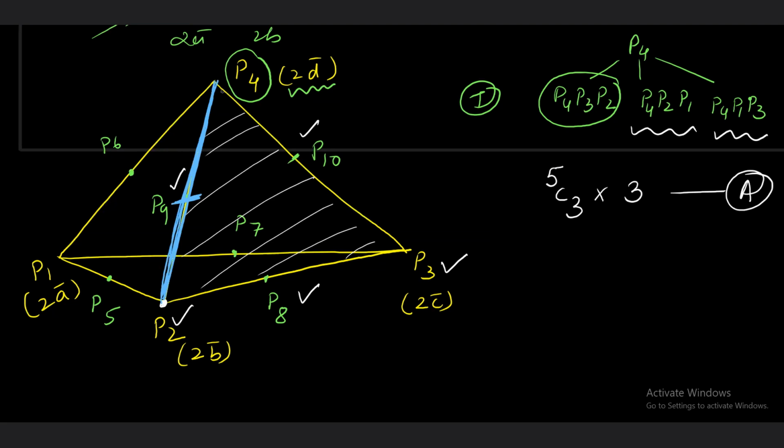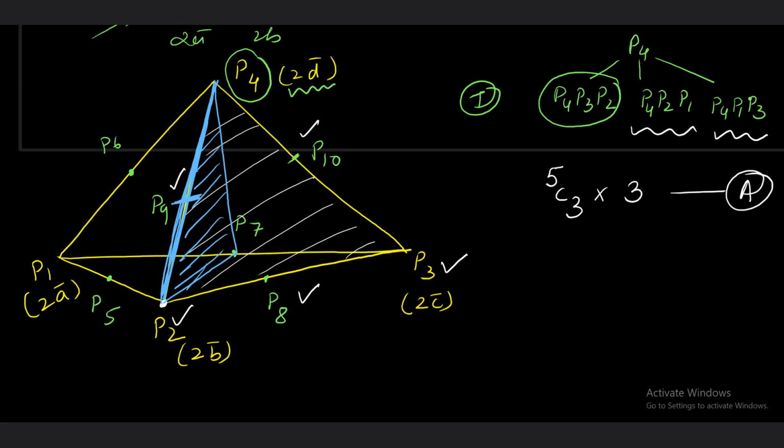So the possibility that we have here is you go and select P7, the middle point of the opposite edge, right? Now you can see that the new blue plane that we are getting, on this plane, we have 4 points out of the 10 that we were getting initially. It includes P4 and all the 4 points are coplanar. This is what I wanted, right?